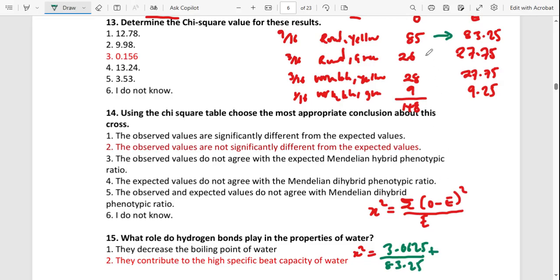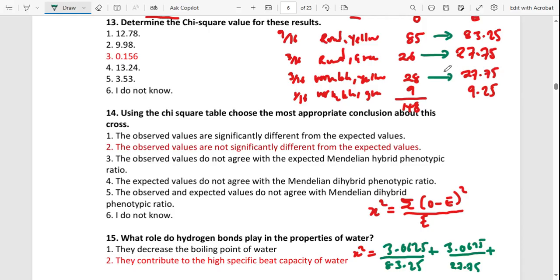Plus, go to the next. You are getting 26, subtracting 27.75. You square it. The answer that I've gotten there is 3.0625. Divide by the expected, that is 27.75.